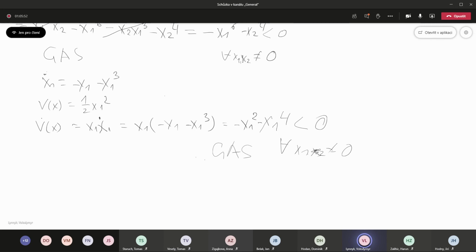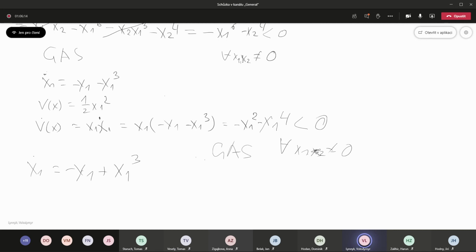Maybe at home you can try to prove the stability of another system, or we can start here, for example, x1 dot equal to minus x1 plus x1 cubed.